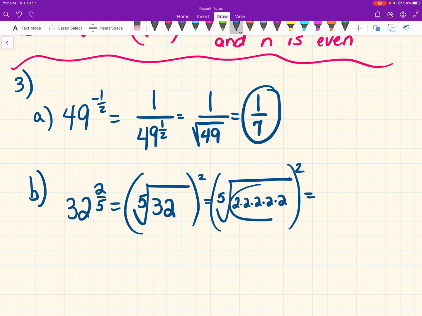So look what can come out. 2. And then we square that answer and get 4. Depending on the problem, depends on where you want to put that exponent. So notice, the numerator of your fraction becomes your exponent. The denominator is your index on your radical. Okay, so that's where they went.